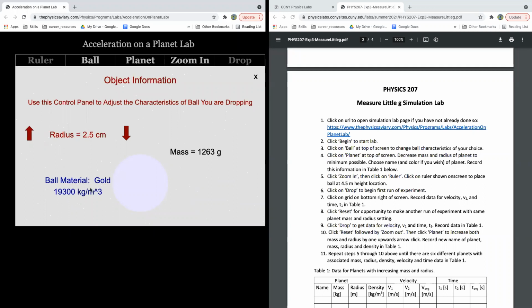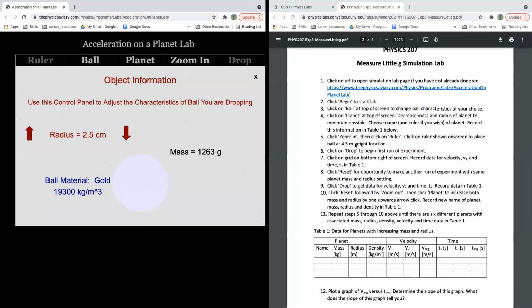We know different materials have different density, rho, times volume, which we can calculate from the radius, 4/3 pi r cubed, and we can calculate the mass equal to rho times V. So you can play around with the radius and ball material.